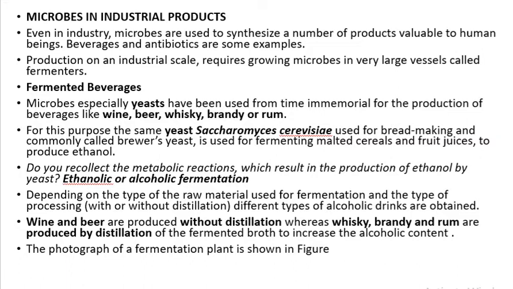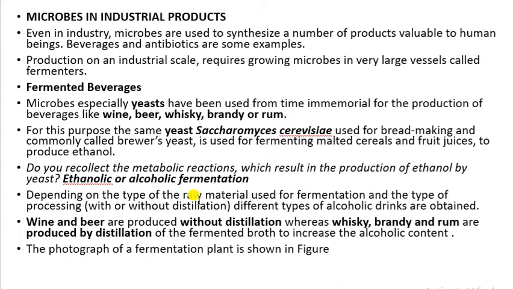Fermentation takes place when the raw material is placed in the fermenter. Depending upon the type of raw material used in the fermentation process and the type of processing used, different types of alcoholic drinks are produced.